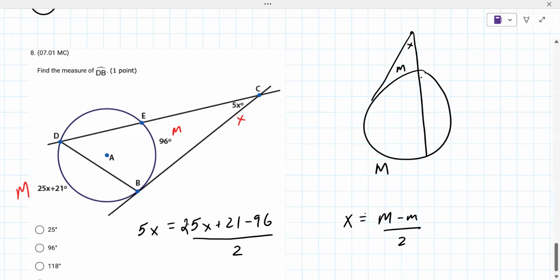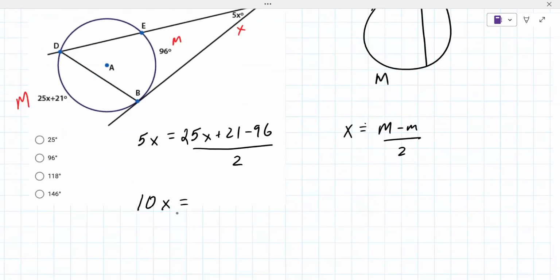I'm sorry, there's 25X there. Oops, 25X. So what I would do is multiply both sides by 2 to get 10X equals 25X plus 21 minus 96, and try solving it from there. You can also try the answers, but I wouldn't do that. I would just solve it.